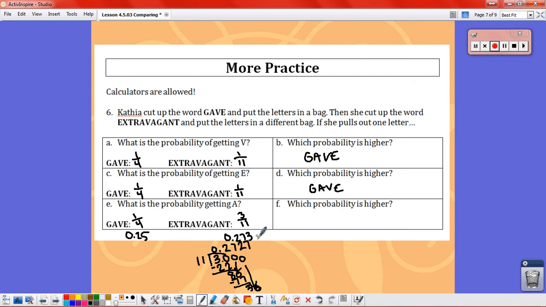And 0.273 is bigger than 0.25, I can even add a 0 if it helps, so extravagant has the better probability here.